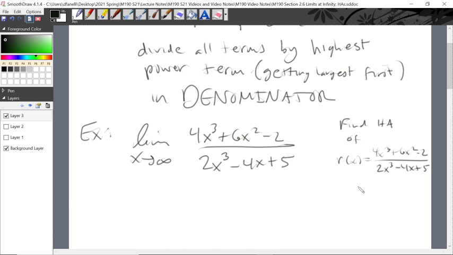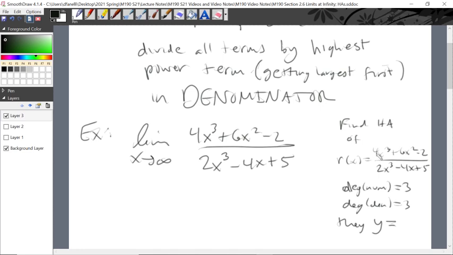And we may recall from your pre-calculus or possibly an algebra course, you can compare the degree of the numerator to the denominator when you're dealing with a rational function like this. If we have the same degree, so let's say the degree of the numerator is equal to 3 and the degree of the denominator is equal to 3, then what we do is take the ratio of the coefficients.